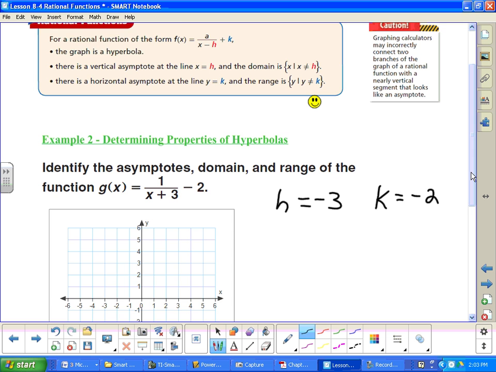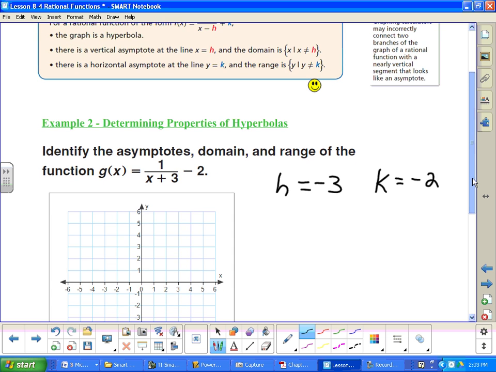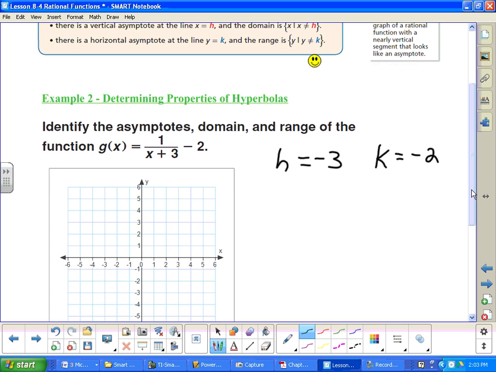So that means that we have a vertical asymptote at x equals negative 3 and a horizontal asymptote at y equals negative 2.